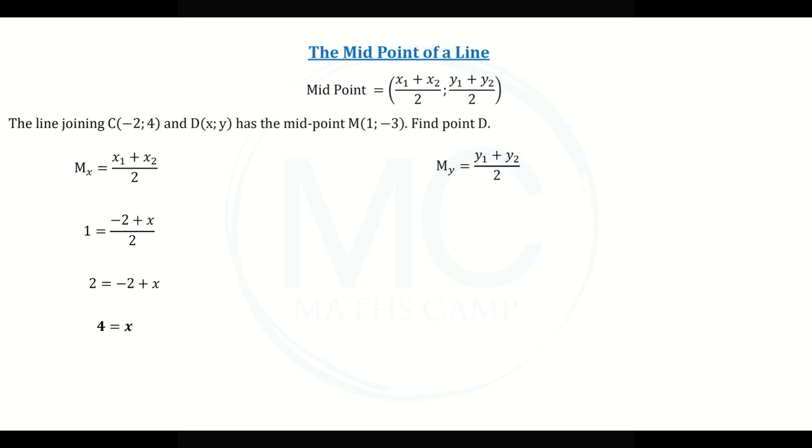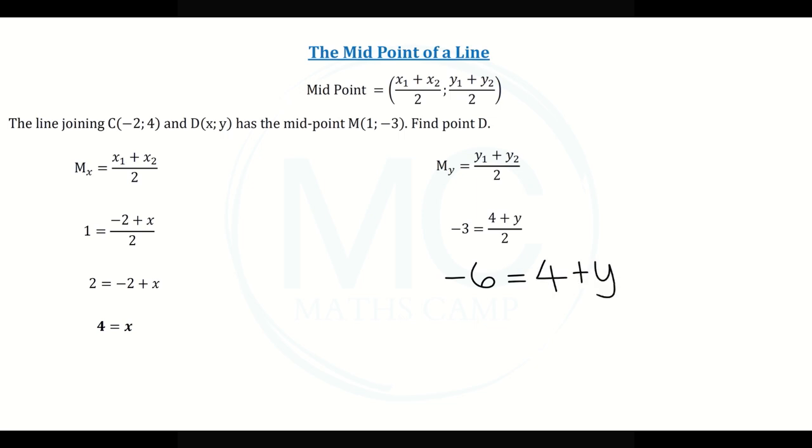The y-coordinate of our midpoint M is -3, so we say -3 is equal to the y-coordinate of point C, which is 4, plus the y-coordinate of point D, which is simply y, all over 2. And now, to solve for y, let's multiply both sides by 2. -3 multiplied by 2 is -6, which is now equal to 4 plus y.